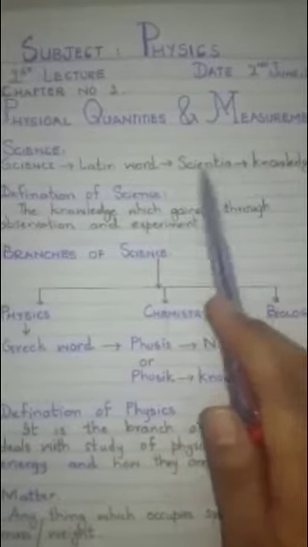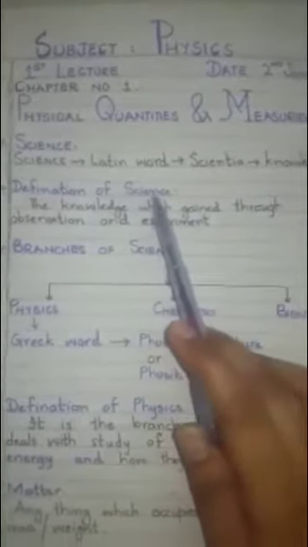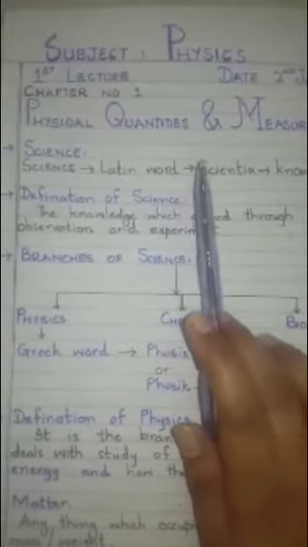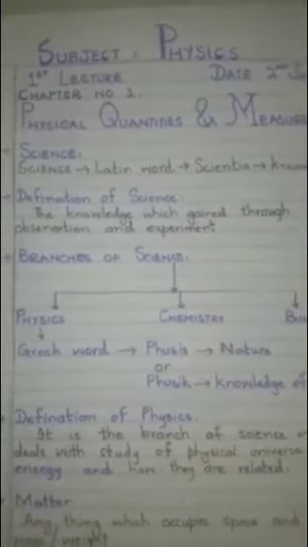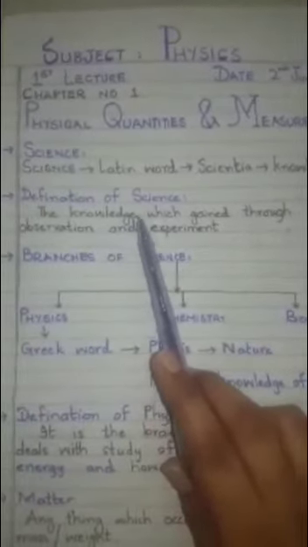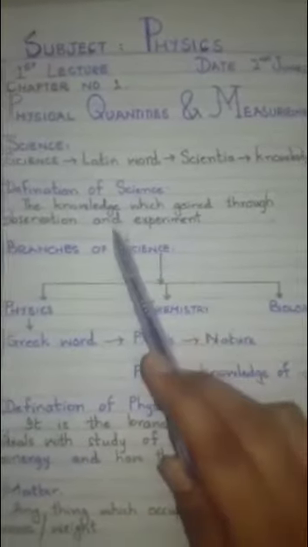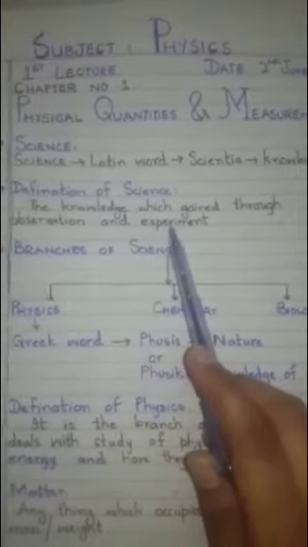So the definition of science, I think you know very well how we can define it, but here we will start with the definition of science. Science can be defined as the knowledge which we can obtain through observation and experiment.